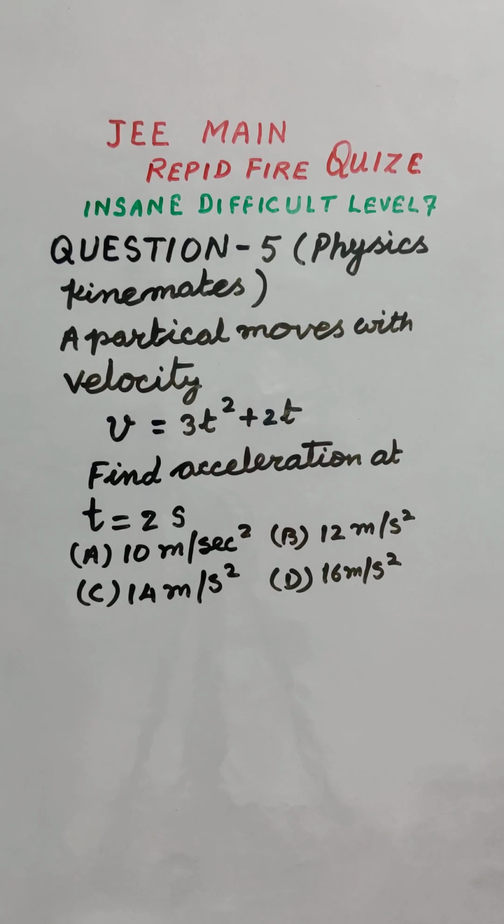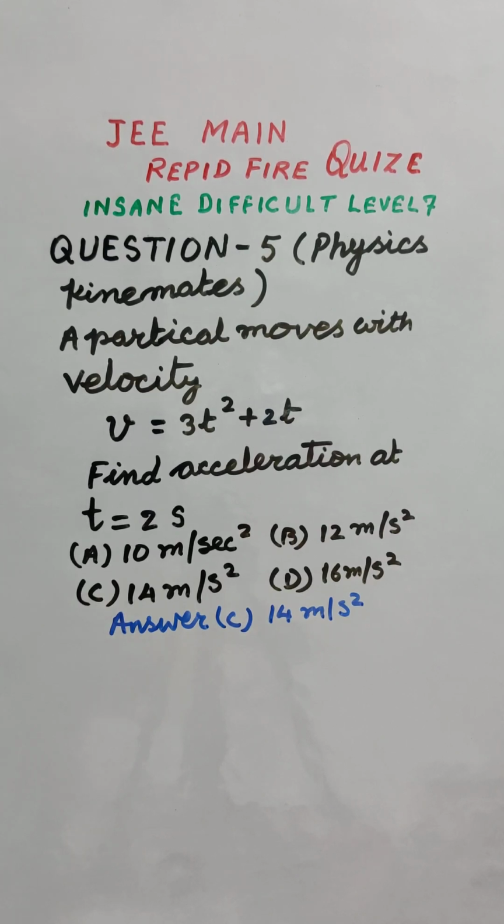Options: A, 10 meter per second square, option B, 12 meter per second square, option C, 14 meter per second square, option D, 16 meter per second square. Your time starts. Your time is up. Option C is the correct option, which is 14 meter per second square.